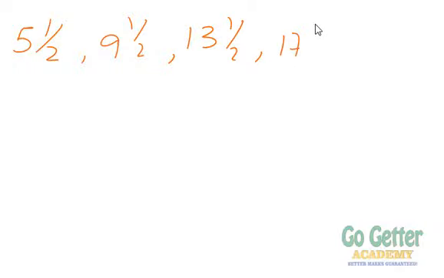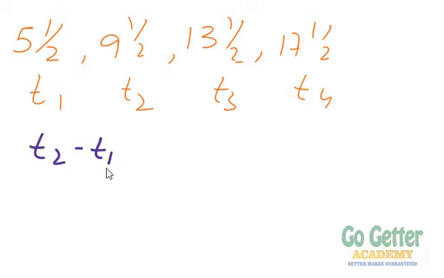You can further get questions on finding the common difference of any AP. For example, you have been given an AP 5.5, 9.5, 13.5, 17.5. You have to find the common difference of these. How do you find the common difference? Like I said, this is term 1, this is term 2, this is term 3, and this is term 4. So you will do T2 minus T1, then T3 minus T2, and T4 minus T3.